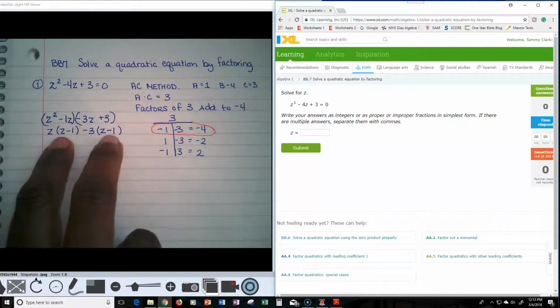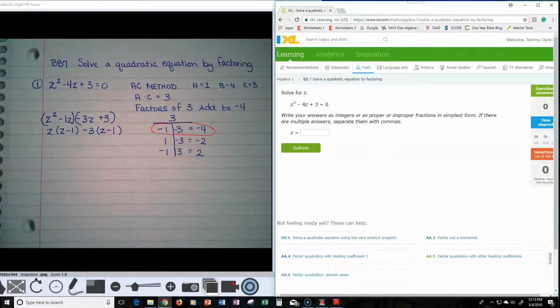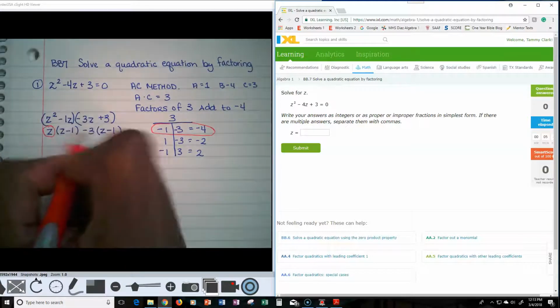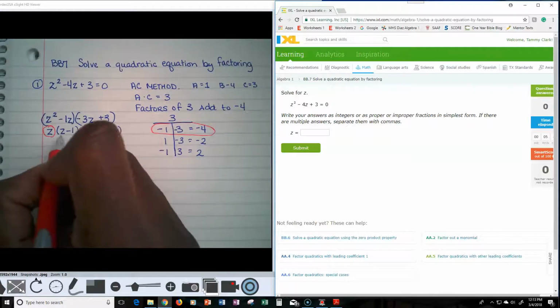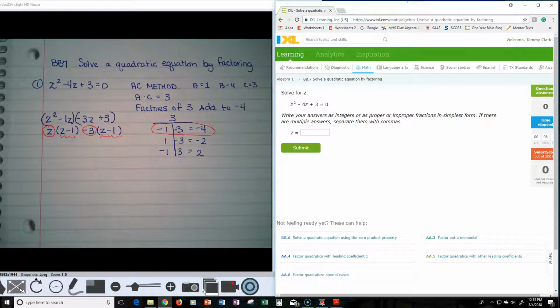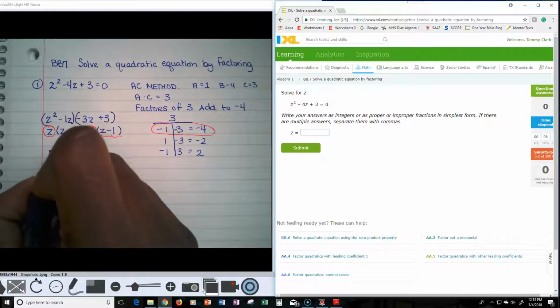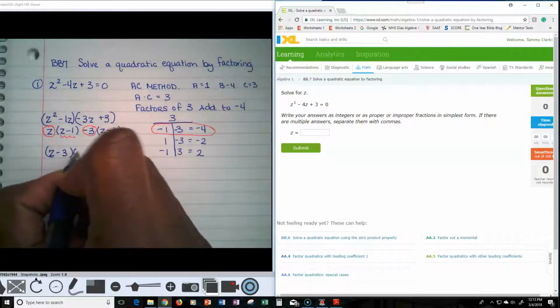Notice that these two are exactly the same, and that's what you want. So the outside becomes one factor, and we write the factor that appeared twice only once. So that would be z minus 3 and z minus 1.